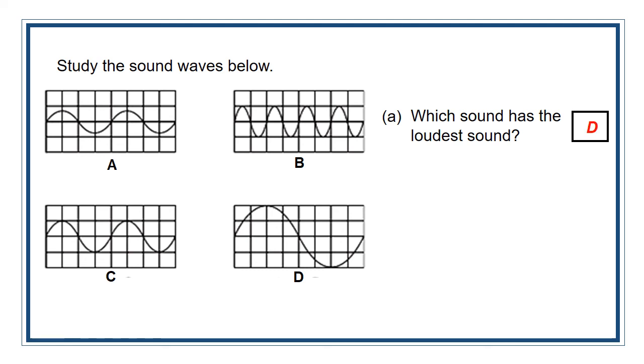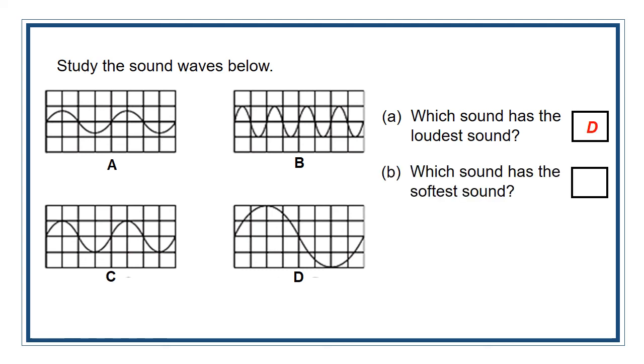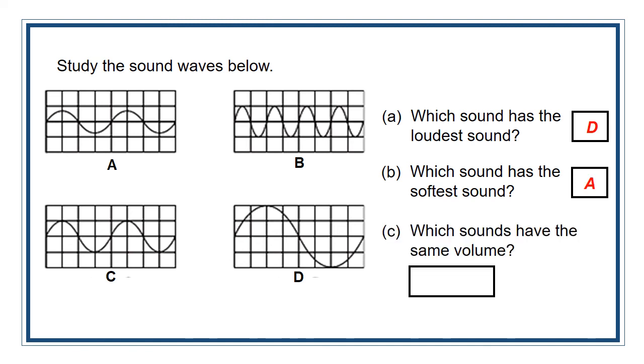So it will be D. And then which sound has the softest sound? Okay, so the softest will be having the shortest amplitude. It will be A.